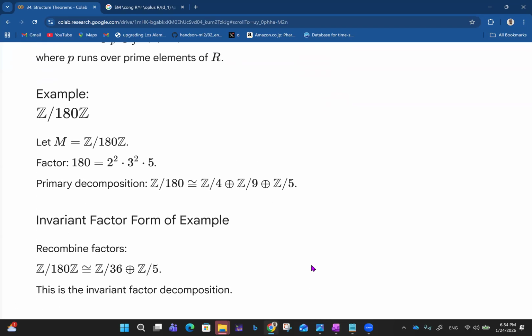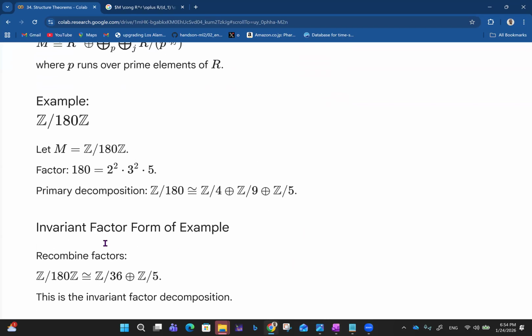So the invariant factor form, if you recombine the factors, Z/180Z is isomorphic to Z/36 because this is 4 times 9, 36, then ⊕ Z/5. So this is the invariant factor decomposition. The primary decomposition takes it down to the basic primes, but here you lump together the ones that have powers.